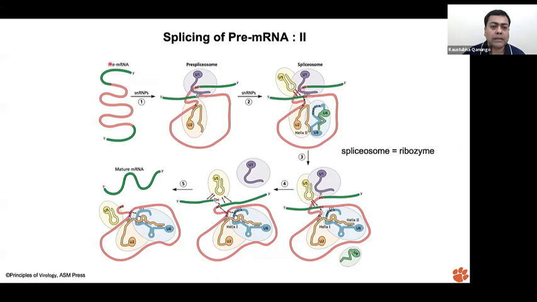So here you can see a pre-mRNA, just a hypothetical one, and you have this intron. And around this intron, you can see that there are a number of proteins which associate. And along with that, the proteins are just drawn as these round structures, but there are lots of these, which we call the small nuclear RNAs.